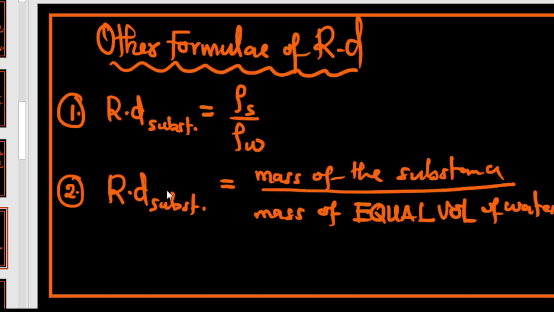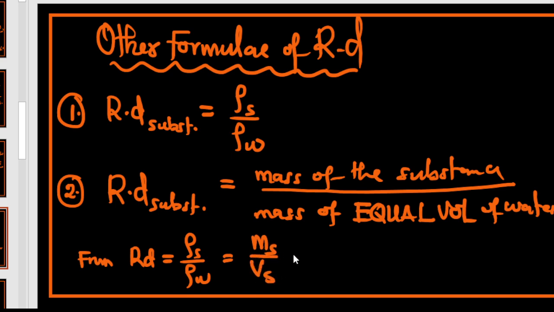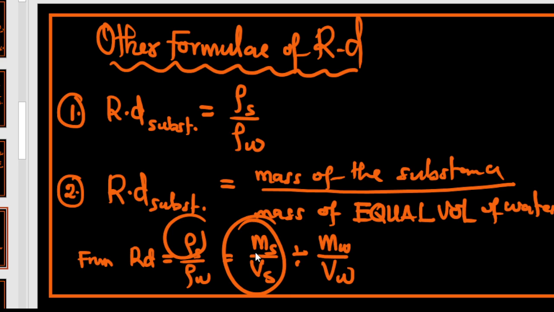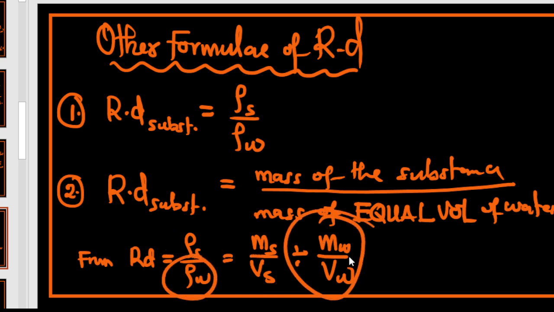How do we justify that? From RD being density of a substance over density of water. Density is mass over volume, so you could say mass of a substance over volume of a substance divided by mass of water over volume of water. This is what I've just written here, and this is what I've just written here.